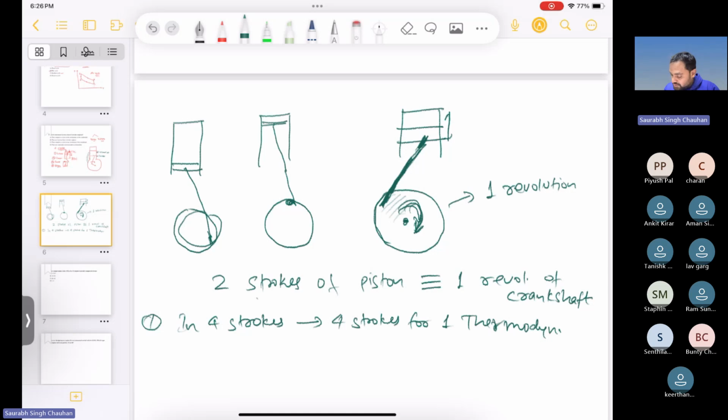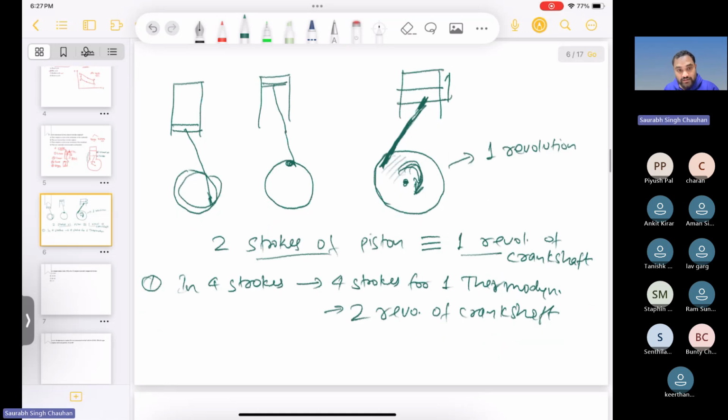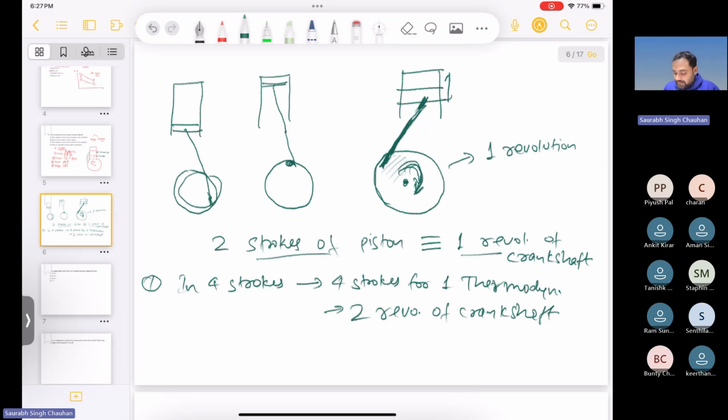And since two strokes are equivalent to one revolution of crankshaft, four strokes will require how many revolutions? Two revolutions of crankshaft. So in a four stroke engine, one thermodynamic cycle will be completed in two revolutions of the crankshaft.